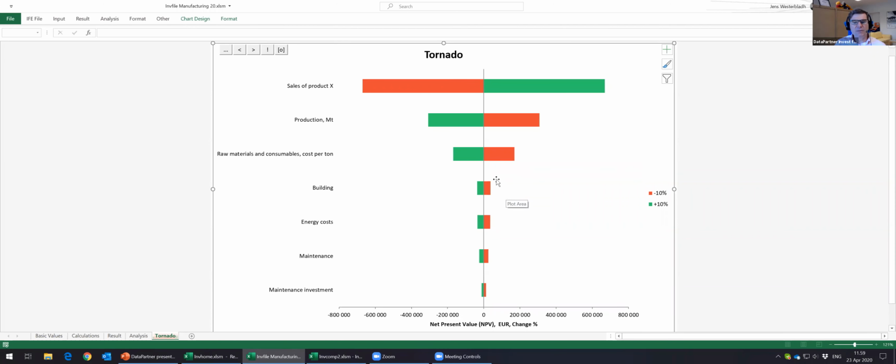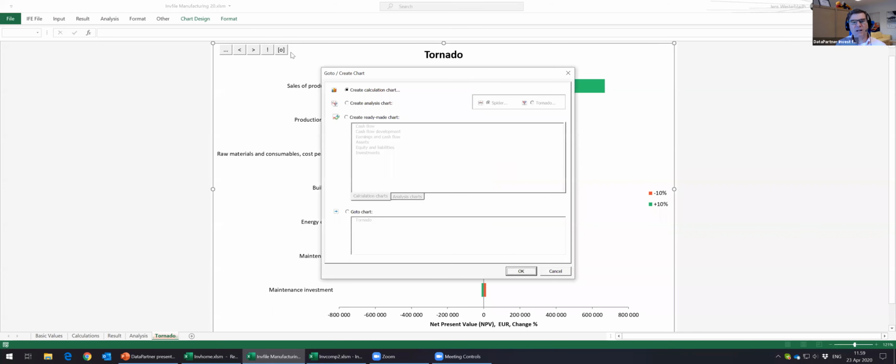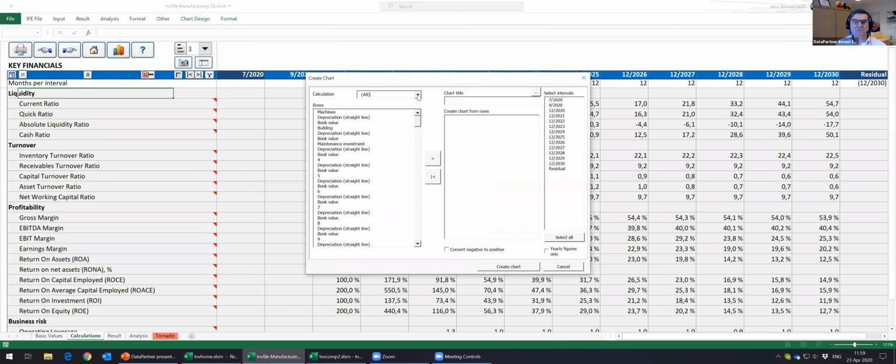We have the cost for investment in building, energy costs, maintenance investments, and maintenance costs and maintenance investment. So it's really sorts by order of importance the variables. So this is also really handy. Furthermore, I can also use this function to create standard charts. I can choose from which page to create, which rows to include.